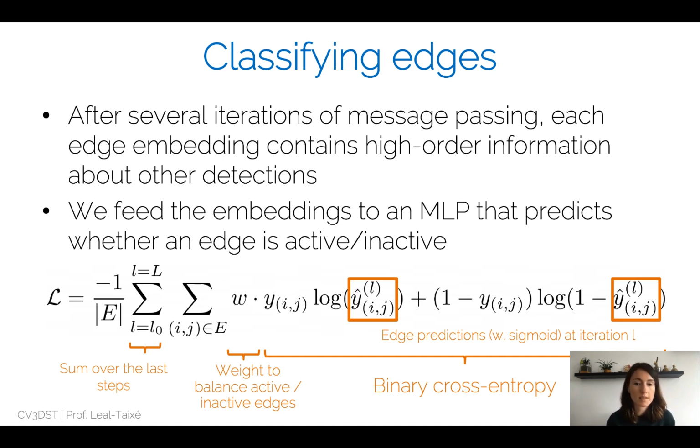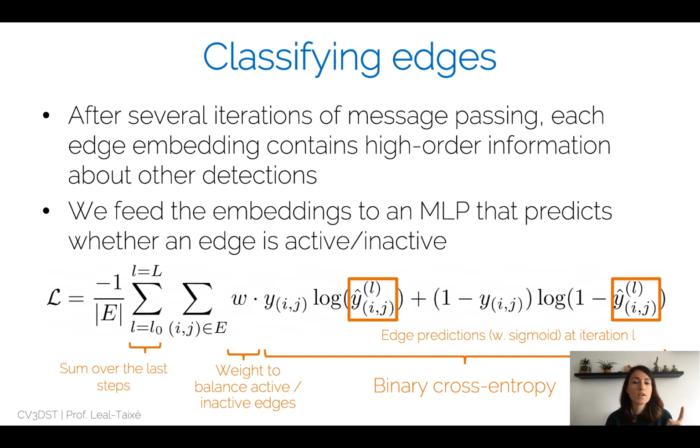After 7 message passing steps, we're going to start to make edge predictions. And we're going to accumulate these edge predictions at step 7, step 8, 9, 10, 11, 12. We're going to accumulate all these predictions and sum them up in the loss. And this is essentially to get a stronger signal for learning.